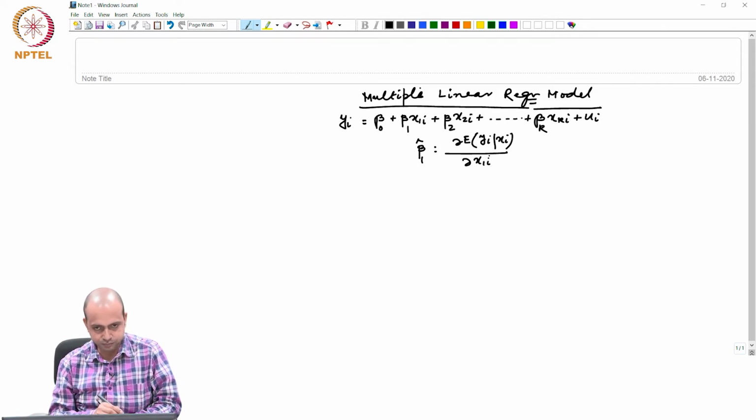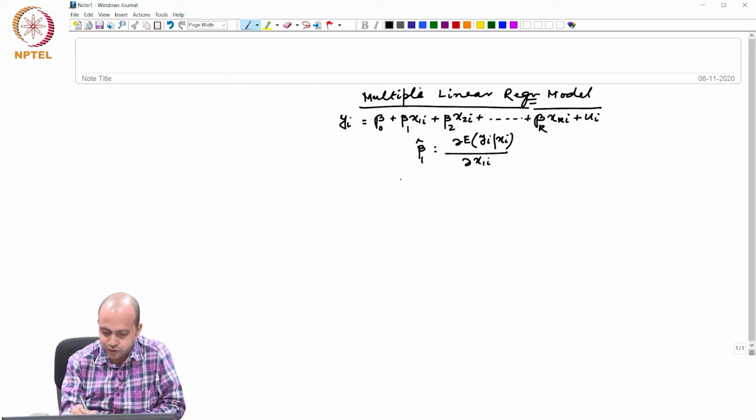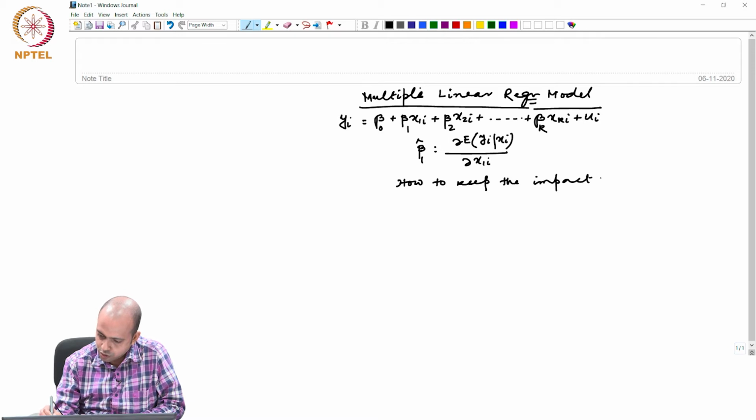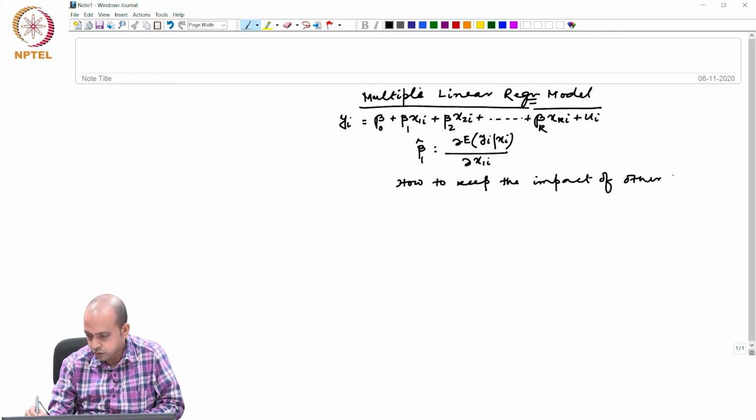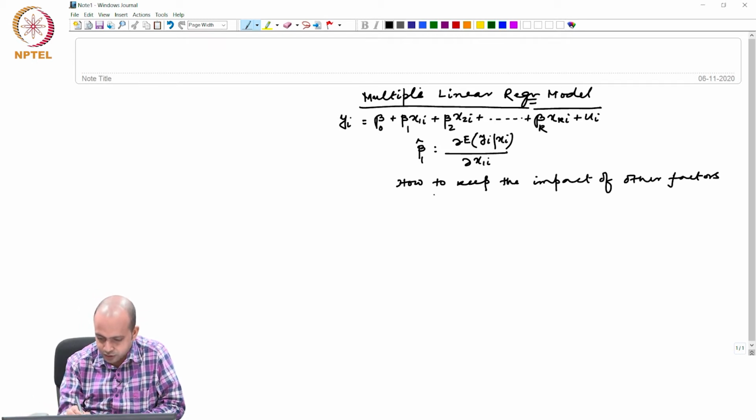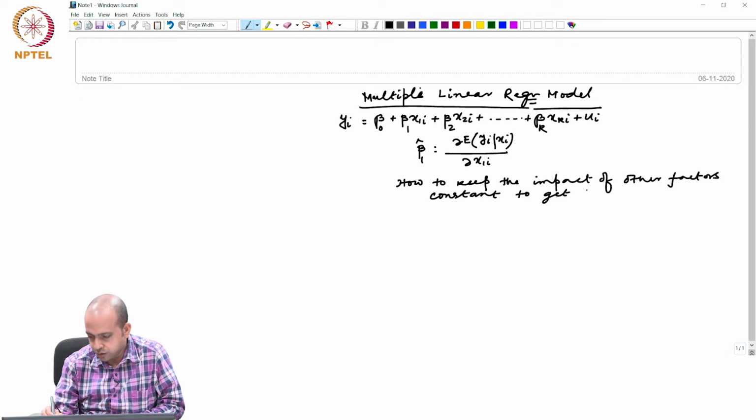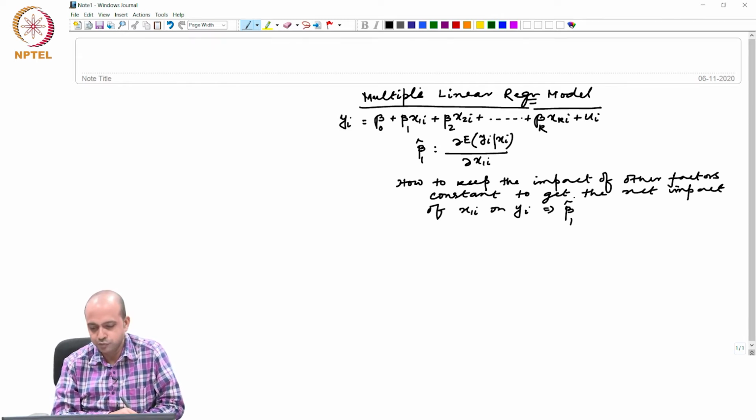And today we are going to learn how to keep the impact of other factors constant to get the net impact of x_1i on y_i, which is basically beta 1 hat.